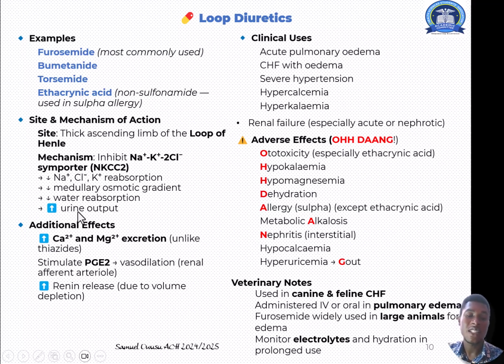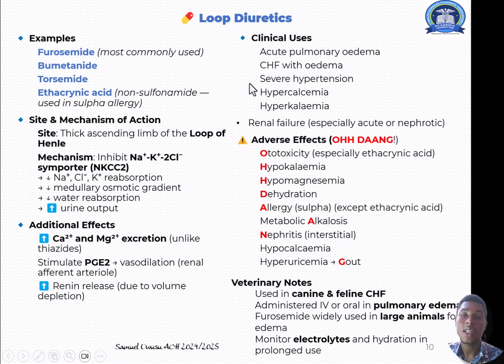Some of the additional effects for loop diuretics that you want to remember is that they tend to increase the calcium and magnesium ion excretion, unlike thiazides. Another thing is that they stimulate the action of PGE2, which is a prostaglandin that will tend to cause vasodilation of the renal efferent arteriole, and there is also increased renin release, and that is due to volume depletion.